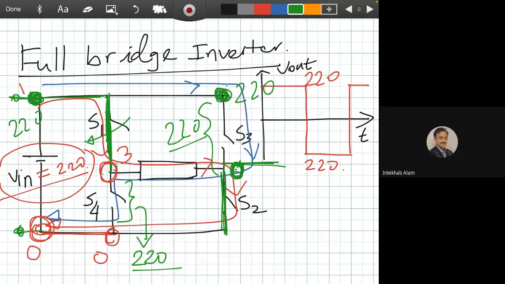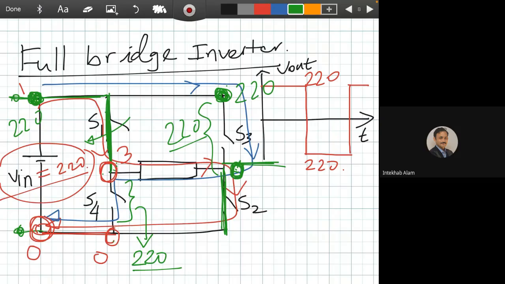So what are the interesting points of the full bridge? The full bridge circuit is simple, as we have already studied in the DC motor drive, but here the frequency will be higher. The interesting point is it has only a single power source, so there is no chance of a DC offset voltage in the system.